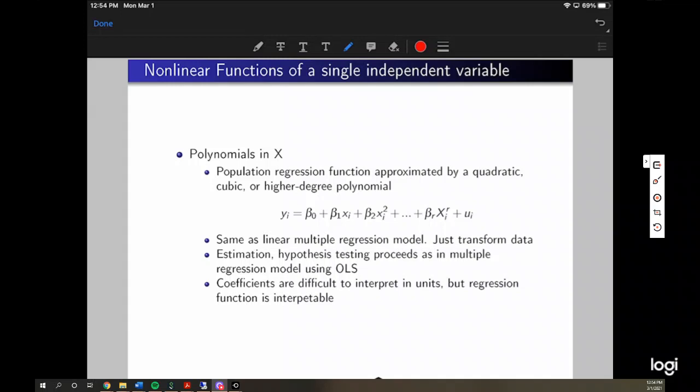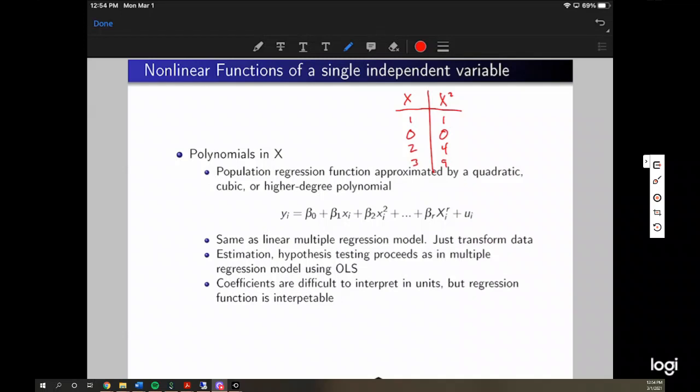So literally if we have x in our spreadsheet, in R, we're just creating a new variable, and you will do this at some point in one of the problem sets. If x takes on these values, x squared is just going to be those values squared, right? And then we put both of those into our model.